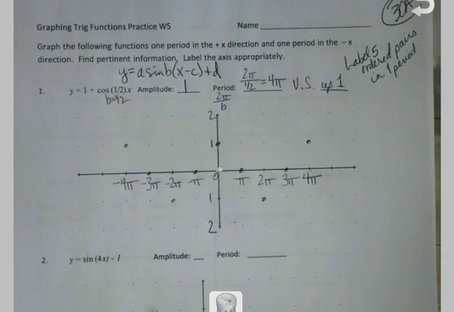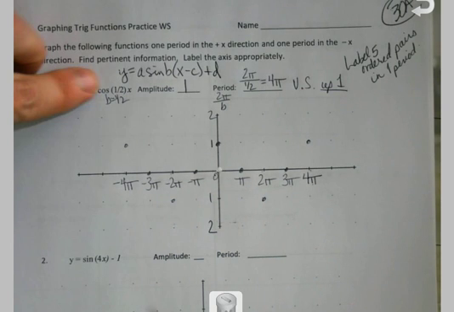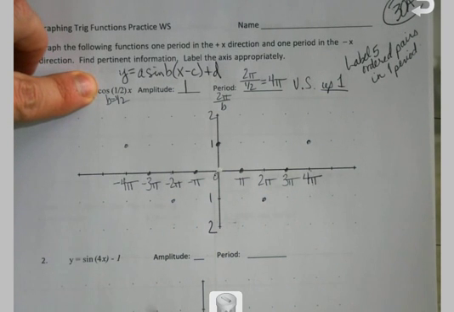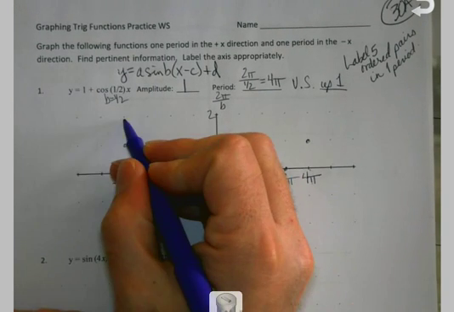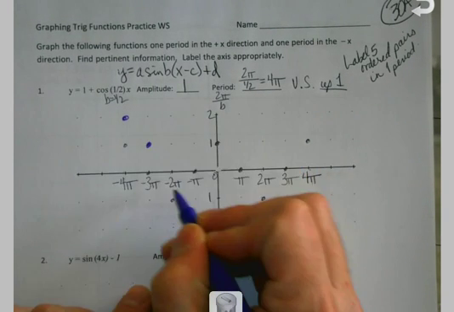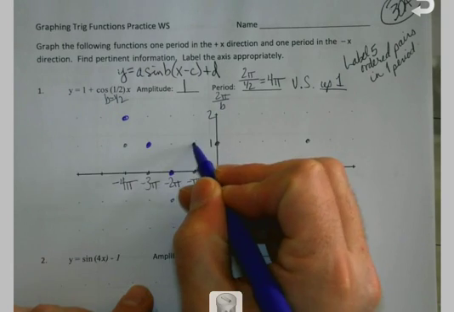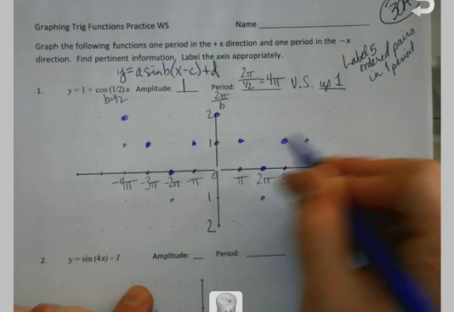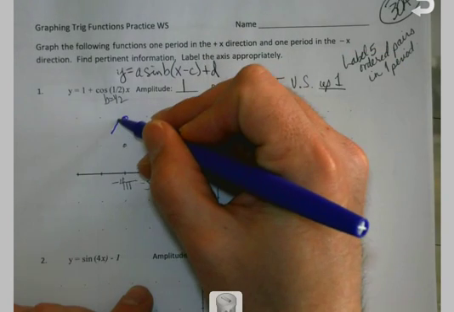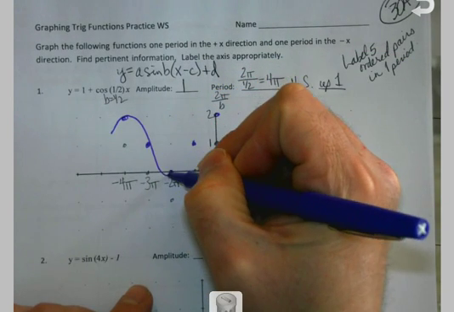Now again, that would just be this. Okay, my cosine with a period of 4 pi. But I have this vertical shift of up 1. So I would just go to each of these points if I went about it that way, and I'd go up 1. And again, if you're comfortable enough doing it without that, that's fine.